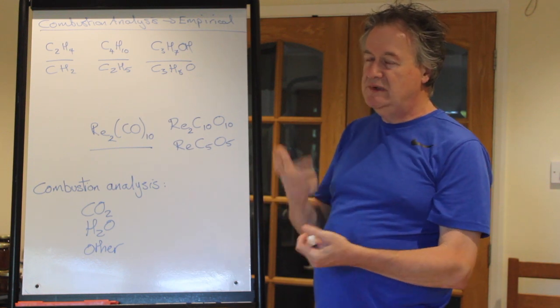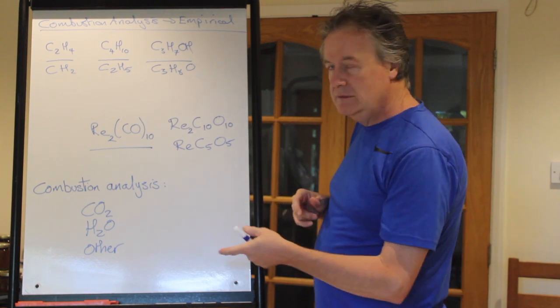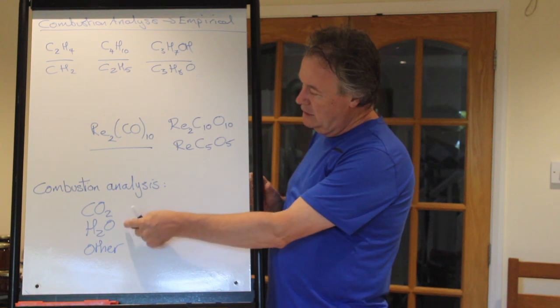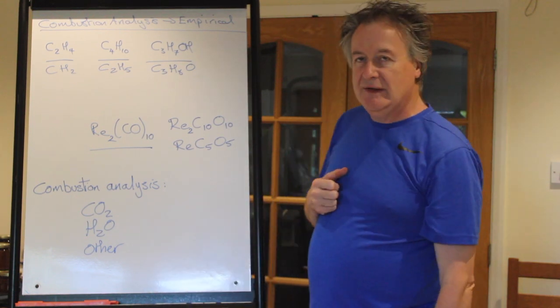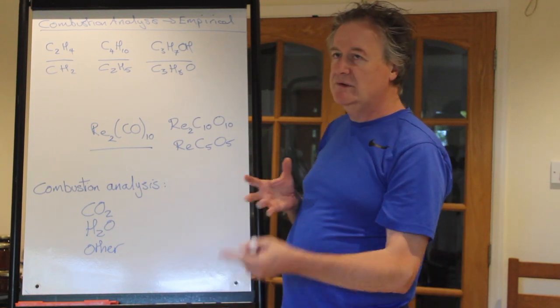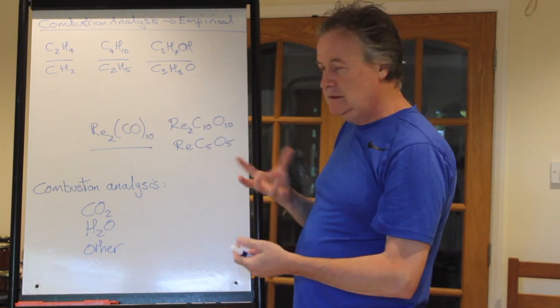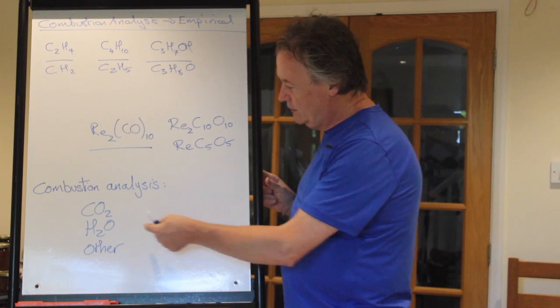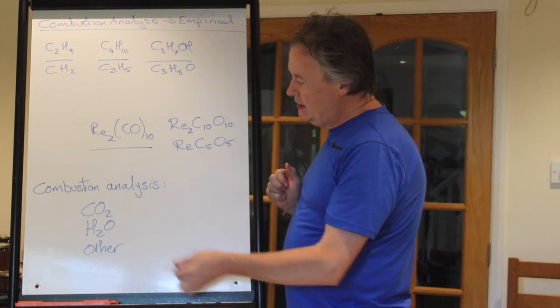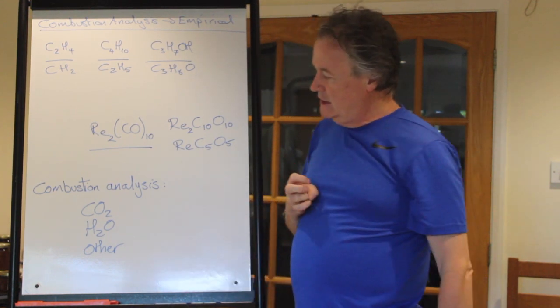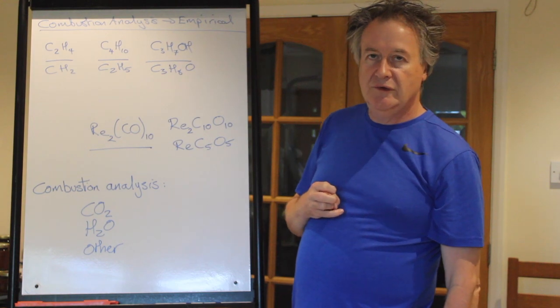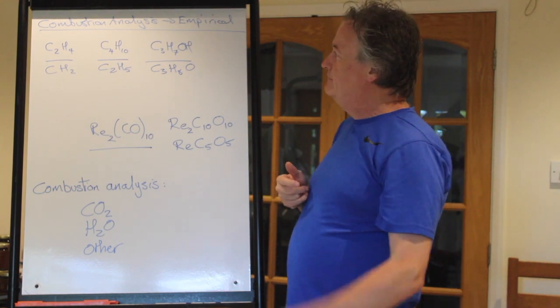You put the stuff in, it does it, gets the result, prints out. But there's a sort of schematic of how you do it, where you trap the carbon dioxide in one way and then you trap the water in something that absorbs the water. So most combustion analysis is based around carbon dioxide and water collection.